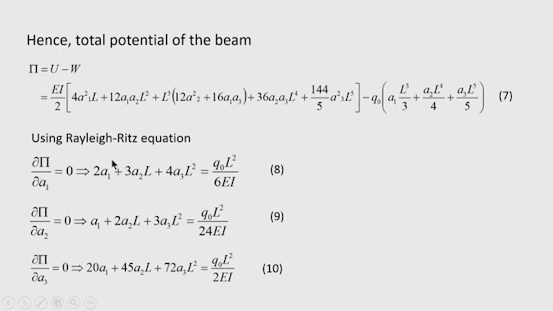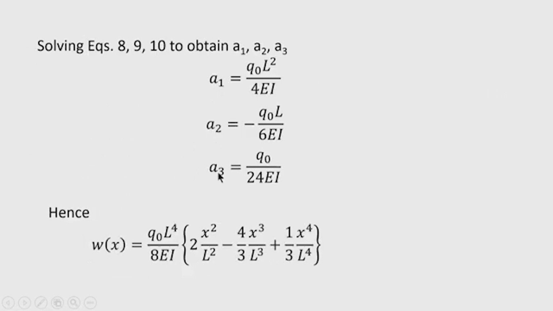So, we get 3 linear equations involving A1, A2, A3. You can see these 3 linear equations are obtained. Using any method, for example, Cramer's rule is a possible method for solving the linear simultaneous equations, we now obtain A1, A2, A3. So, obtaining this A1, A2, A3, we now express the deflection.